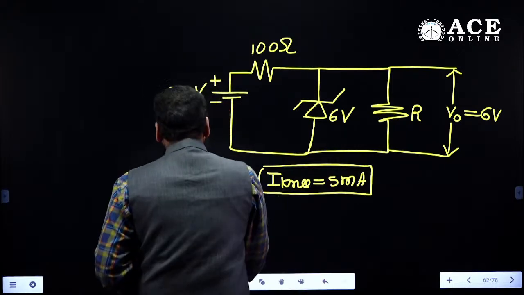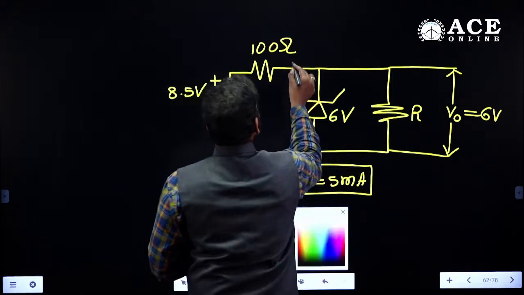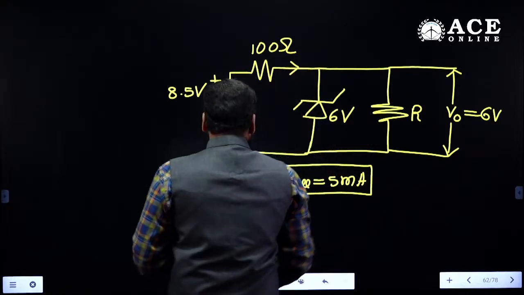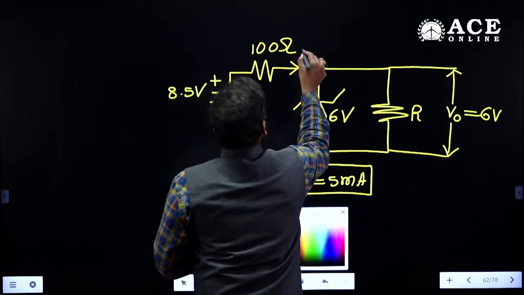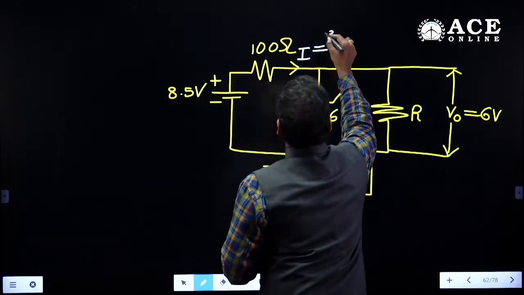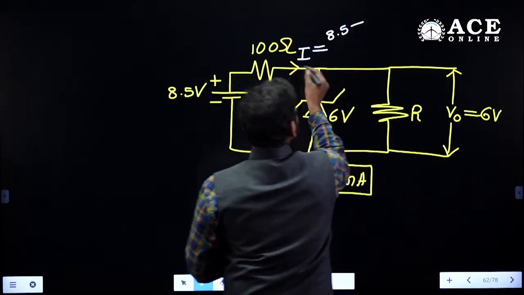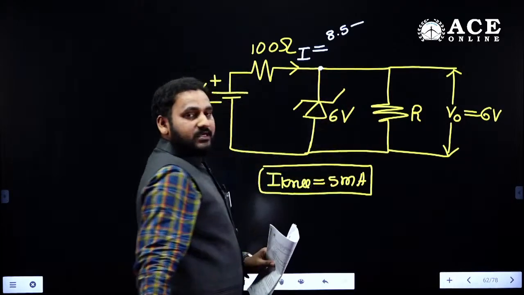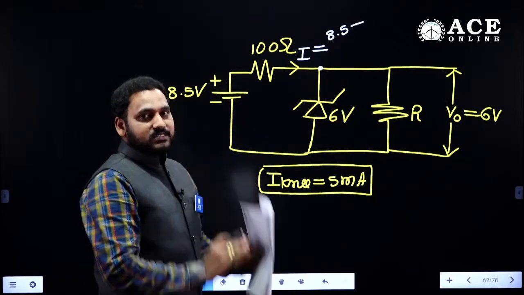What is the current entering the system? If you find this current I, I is equal to 8.5 minus, what is the voltage here? I am assuming that it is operating in the reverse conduction state.